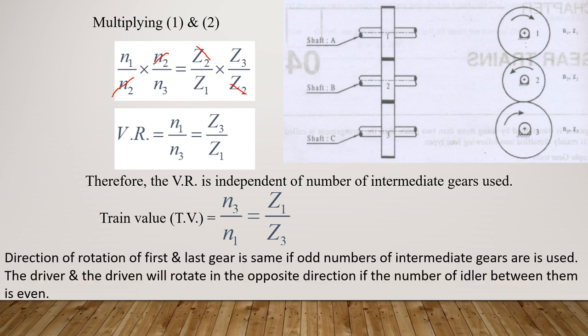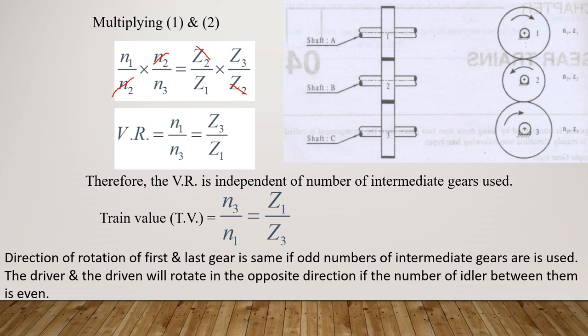Then, regarding the direction of rotation, the second observation we can make is this. Gear 1 was rotating in the clockwise direction, gear 2 was anti-clockwise, gear 3 was clockwise. If you concentrate on the first and last gear, they are in the same direction of rotation.